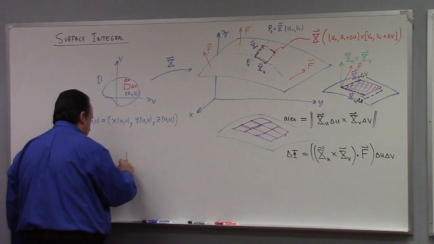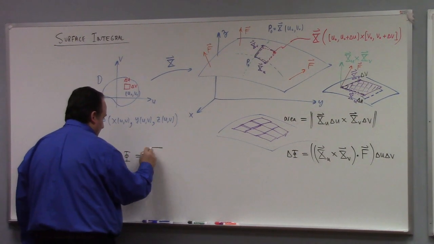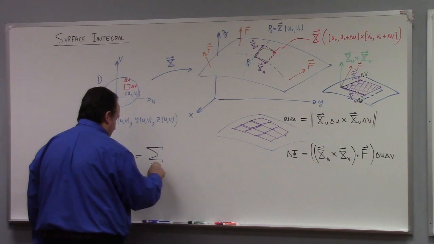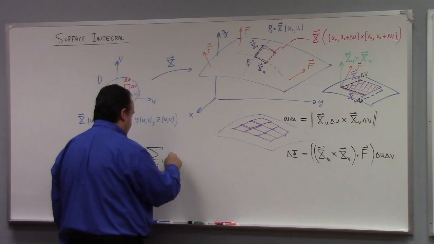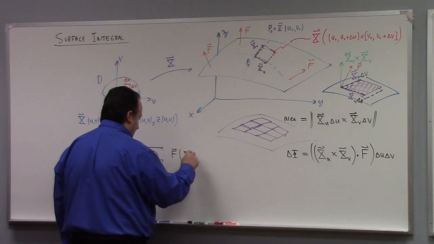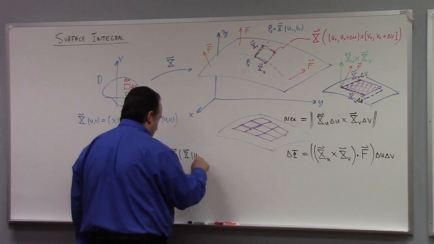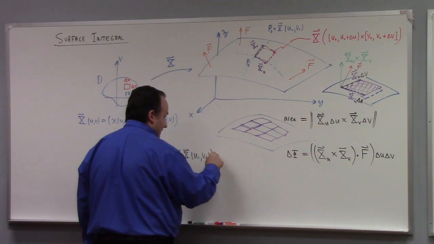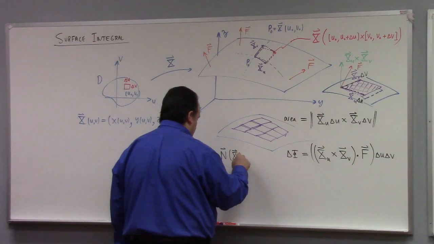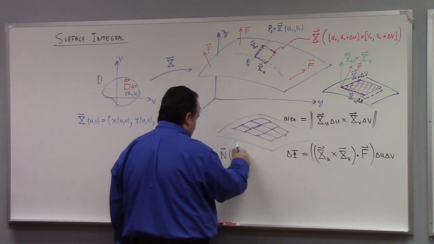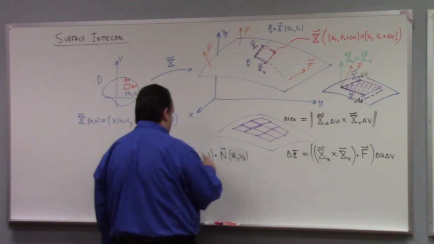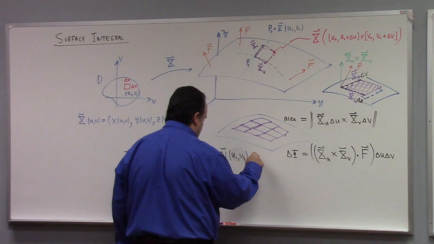So the flux is something like the sum over i and j of F evaluated at x hat of ui vj, and then we take the dot product with the normal vector at ui vj, times delta u delta v.